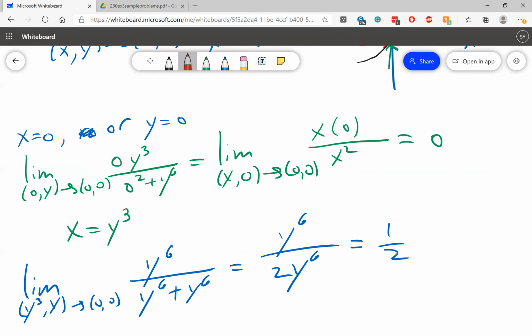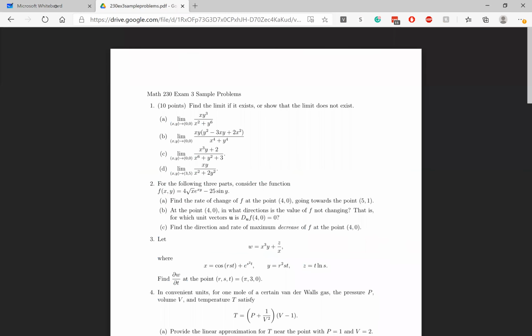Because these two don't equal, we know that the limit does not exist. So that would be the answer for the first problem.